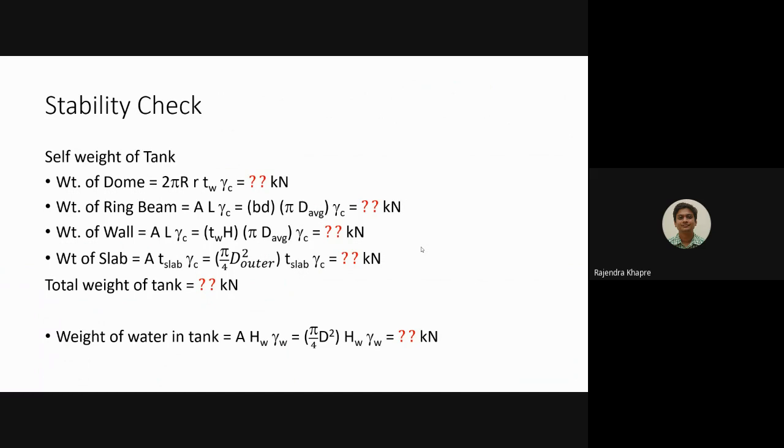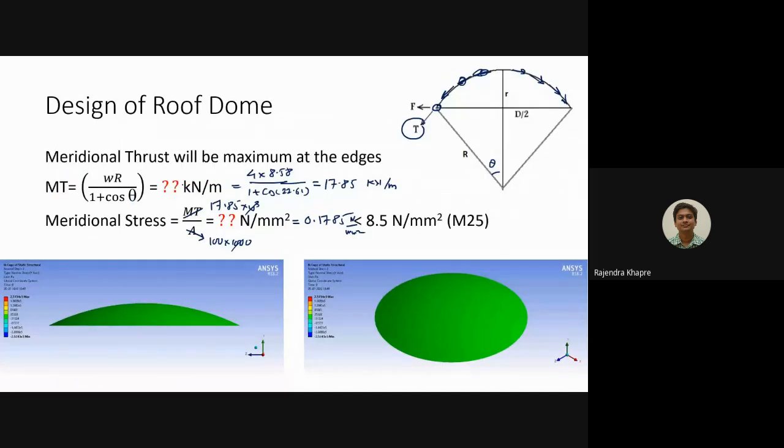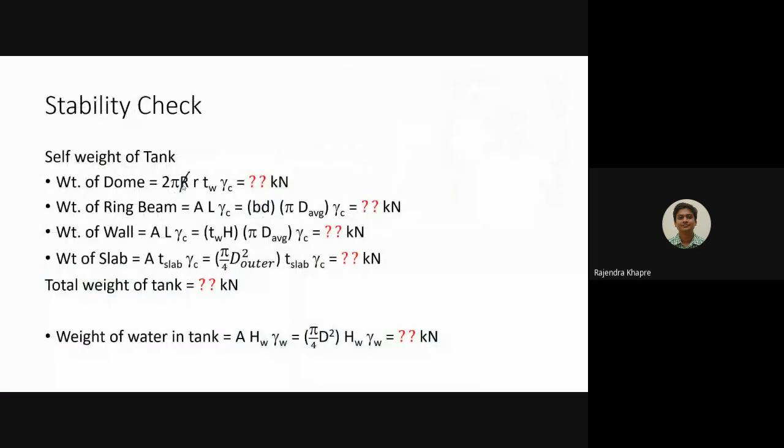The weight of the dome can be calculated by the expression 2 pi capital R, then small r, which is the rise, then the thickness of the dome, times the density of the concrete. This is the standard equation to calculate the weight of the dome. Capital R, if I remember, is 8.58. Small r is 0.66, I suppose. The thickness of the dome was 0.1 and density is 25.